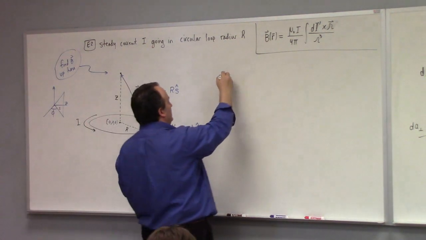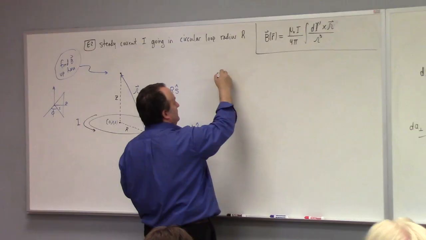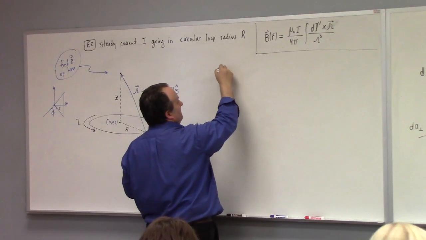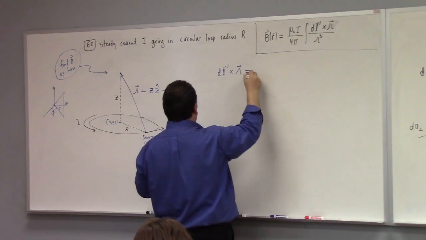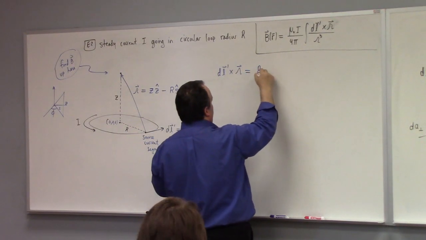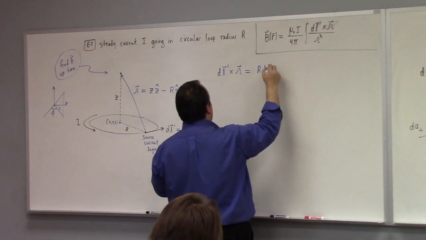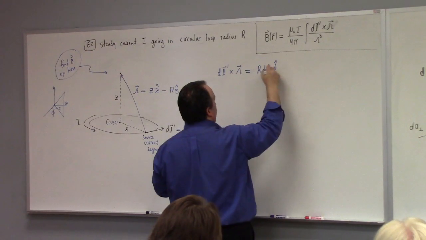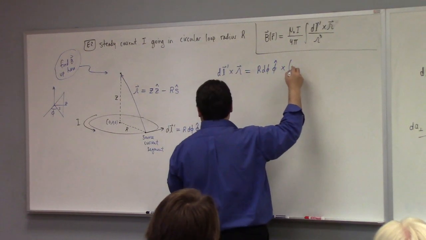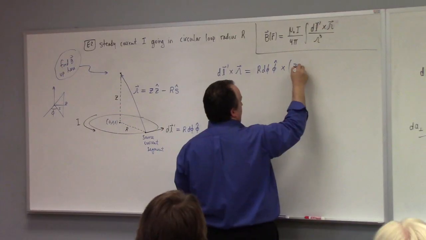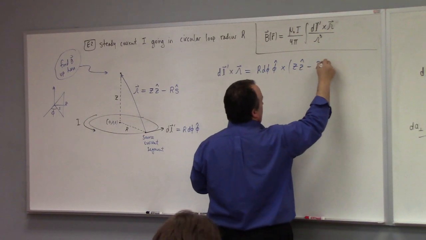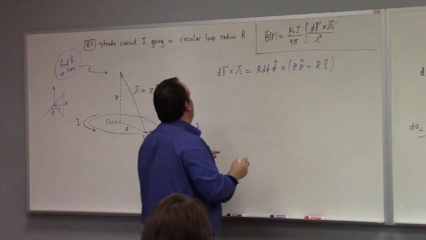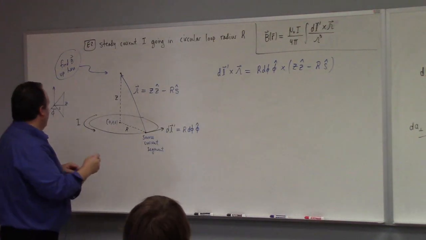All right. So then, if I calculate dl prime cross the script r vector, I have r d phi hat crossed with z z hat minus r s hat. Now I will remind you the way this works.